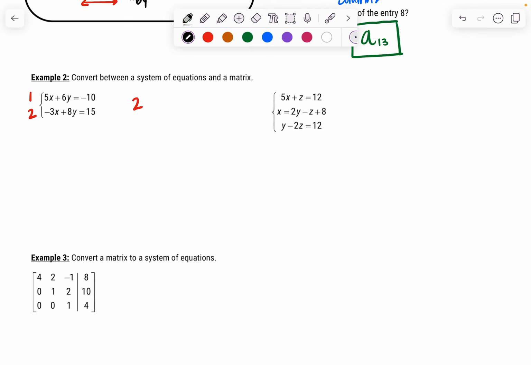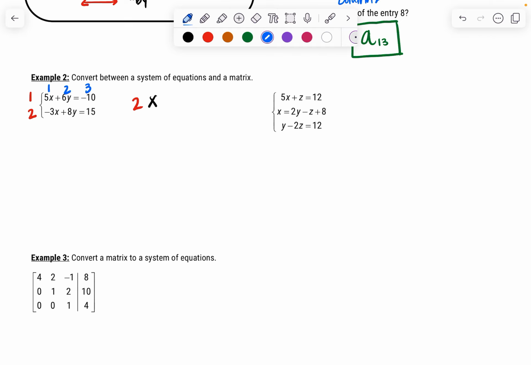So dimension-wise, this is going to be a 2 by. And then every single variable that you have is going to have its own column. You have to make sure that everything is lined up. So I have a column for X, a column for Y, and a column for our answers.